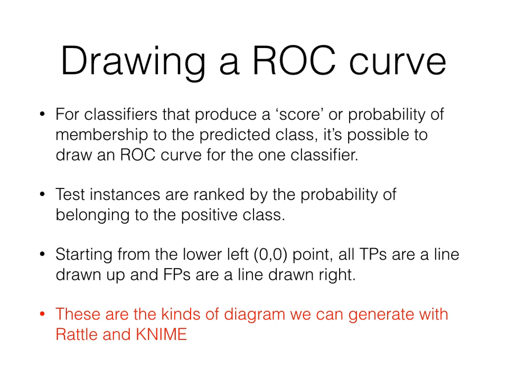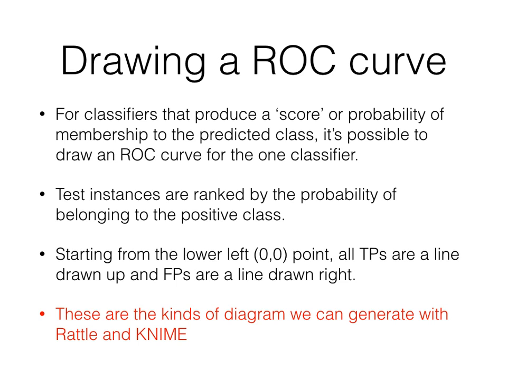So drawing an ROC curve, generally you wouldn't draw one yourself, you would have some software to do it. So any of the classifiers that can produce some kind of score or a probability of membership to the predicted class, then you can draw that curve rather than just having a single point.